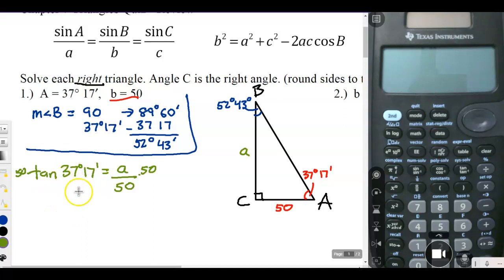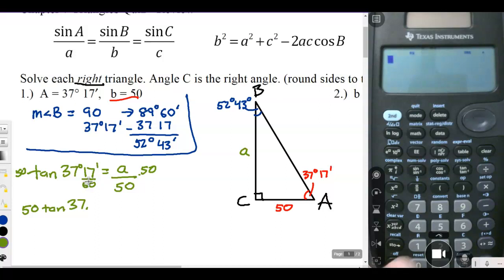We need to convert this to a decimal before we do calculations. So I need to do 50 times tangent of 37 point, and then the 17 minutes. Remember, all you do is divide that by 60.